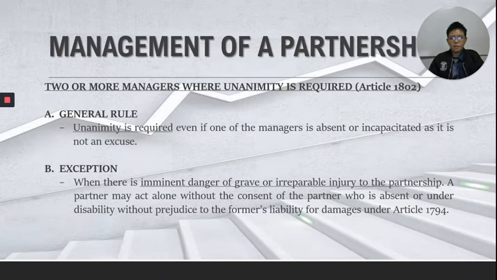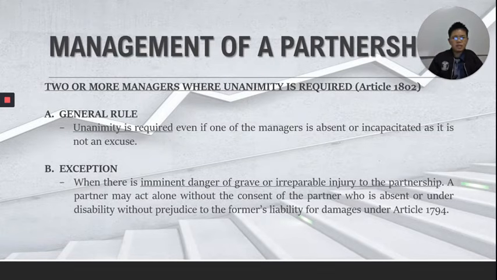So, if merong loss which is imminent to the partnership or may injury, kung hindi natin ginawa ito, there may be injury suffered by the partnership, yung managing partner may act alone even if hindi pa niya nakuha yung consent ng ibang mga partners. Kasi nga, if not acted upon, yung incident may cause grave or irreparable injury to the partnership.